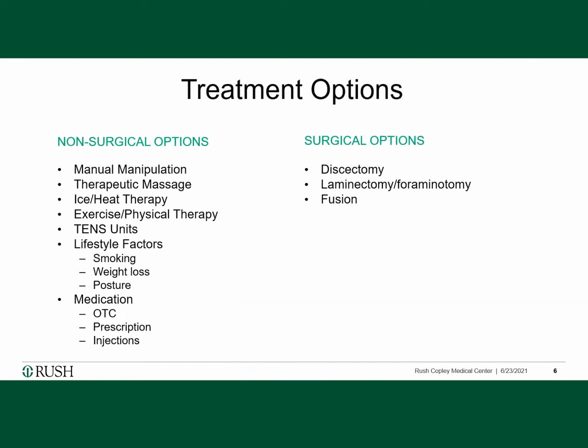And as you see in the list on the left side, in addition to physical therapy, things like manual manipulation, so chiropractic treatment, therapeutic massage, ice, heat, TENS units are all typically done at the same time, and they're usually the first line of treatment. Lifestyle modifications are also very important, especially smoking.